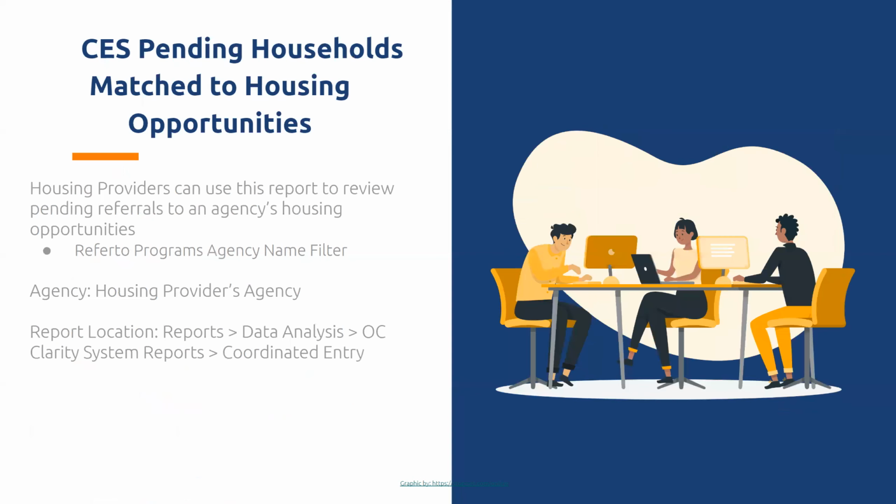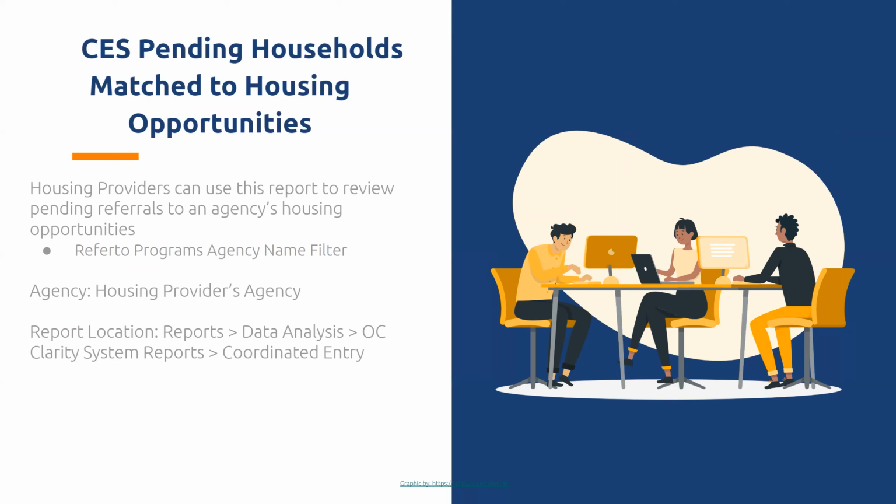Next screen, please. This next report is the CES pending households matched to housing opportunities. Housing providers can use this report to review pending referrals to an agency's housing opportunities. Use the Refer to Program's agency name filter on the report to refine the reports to your own agency.